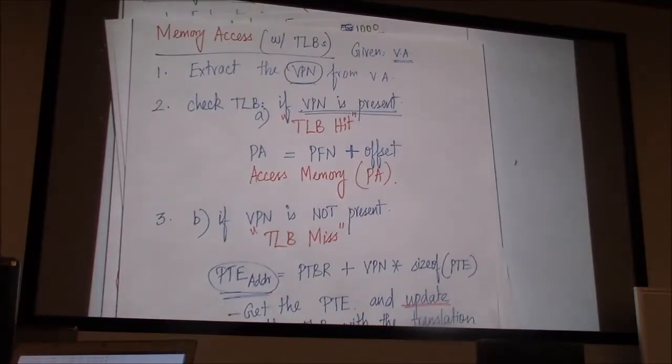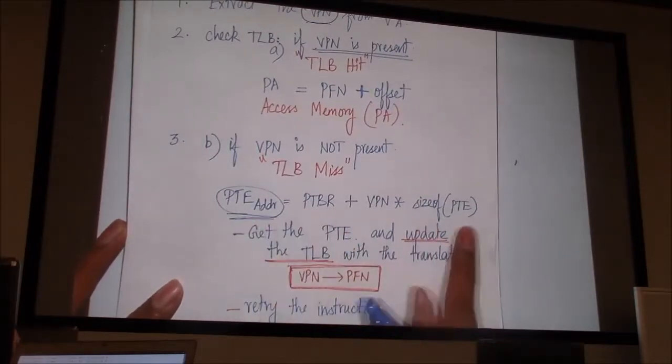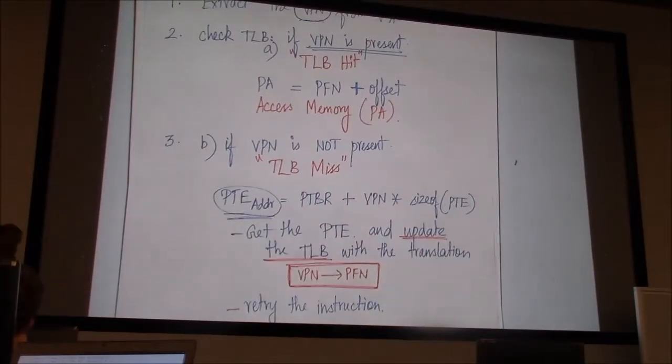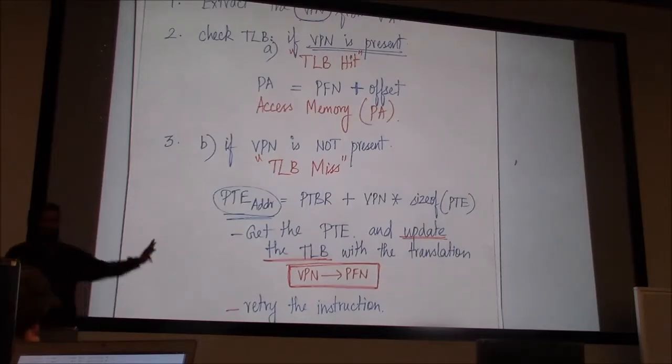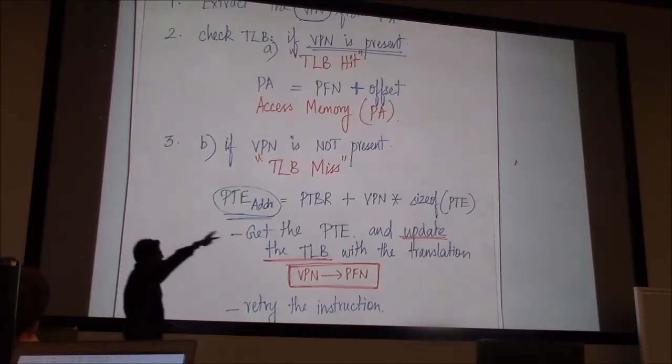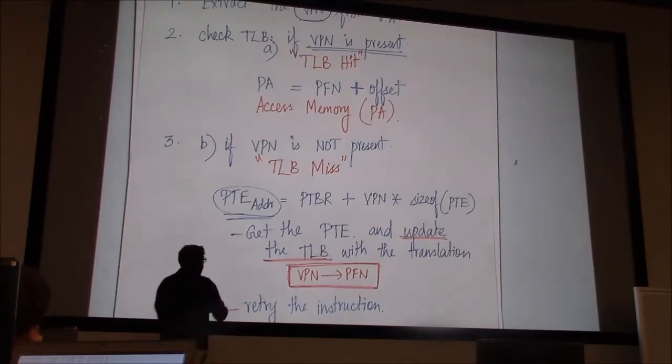But what happens is, this page table that we are talking about should be in a very simple format. The first thing is, this can be done whenever we are trying to handle a TLB miss. This part can be done either by the hardware or the operating system.